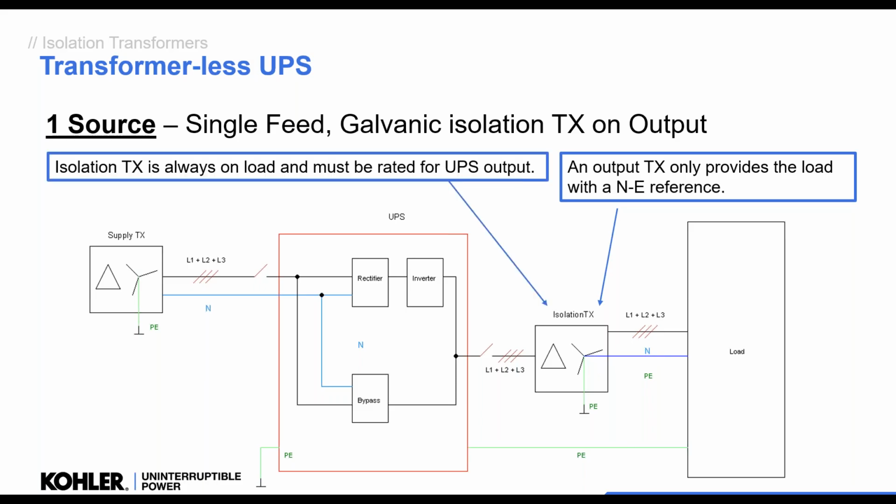Now in both cases, that isolation transformer is always on load, and it must be rated for the UPS output to be correct.